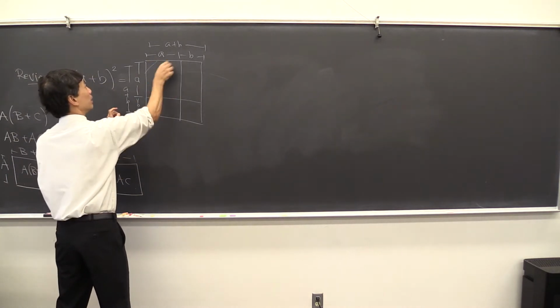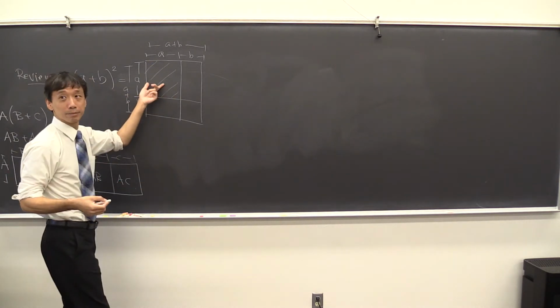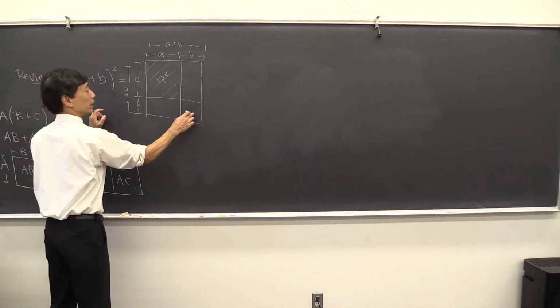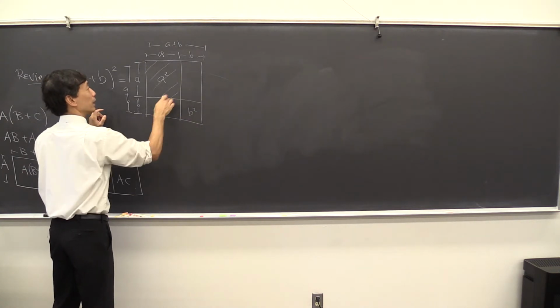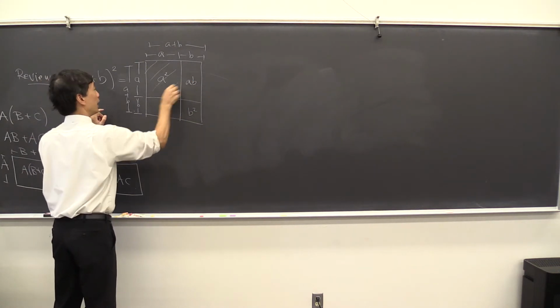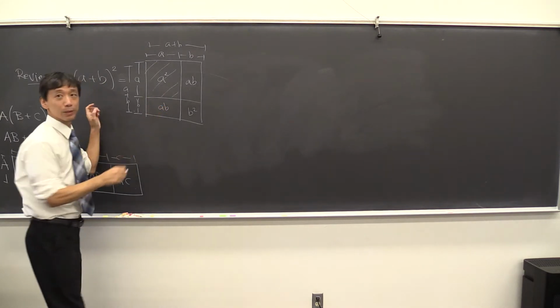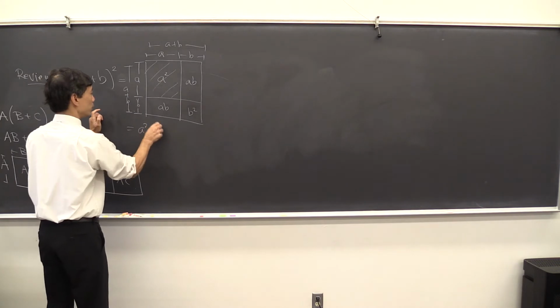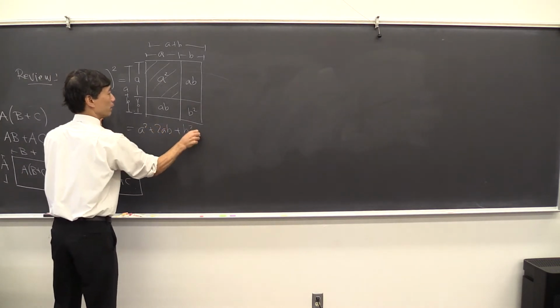What's this area here? A squared. What's this area here? B squared. And what are these? AB and BA, or AB, it's the same thing, of course. So you get A squared plus 2AB plus B squared.